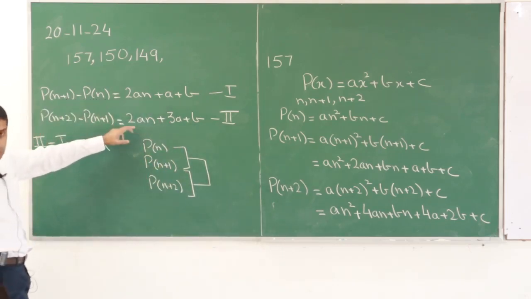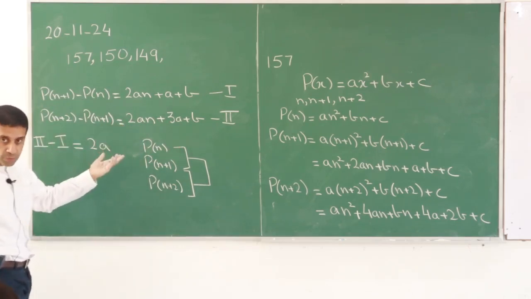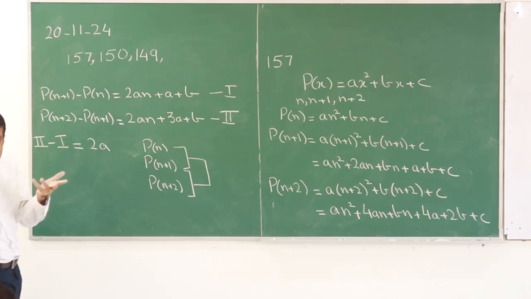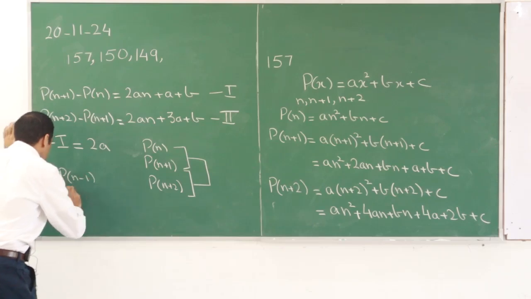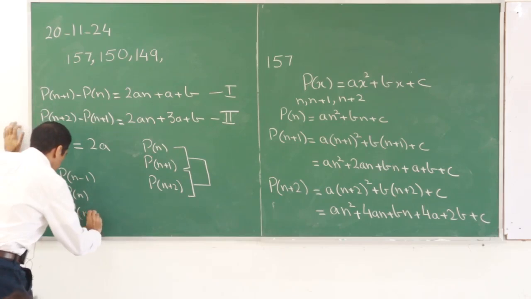So if I had started with n minus 1, it could have been n minus 1, n and n plus 1. That would have been fine, because n is any whole number, so it doesn't matter. So sir, instead of P of n plus 1 and P of n plus 2, P of n minus 1? You could have chosen this, so it was perfectly fine. You needed 3 continuous numbers, right?